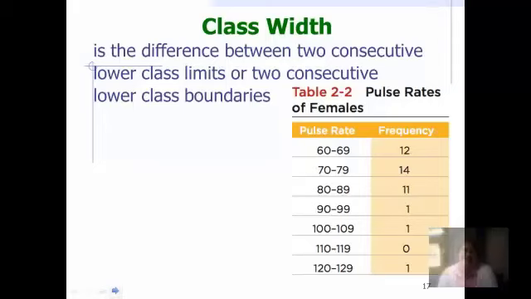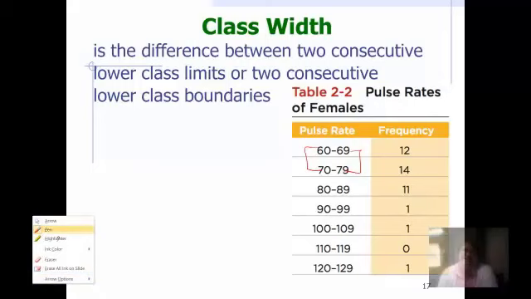Okay, now class width. Class width is from lower class limit to lower class limit. So it's 60 to 70, which is 10, or it's 69 to 79, which is 10.